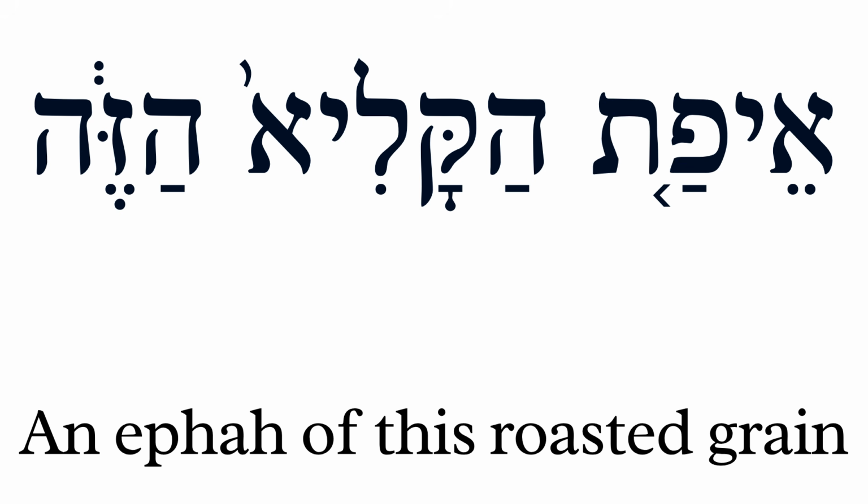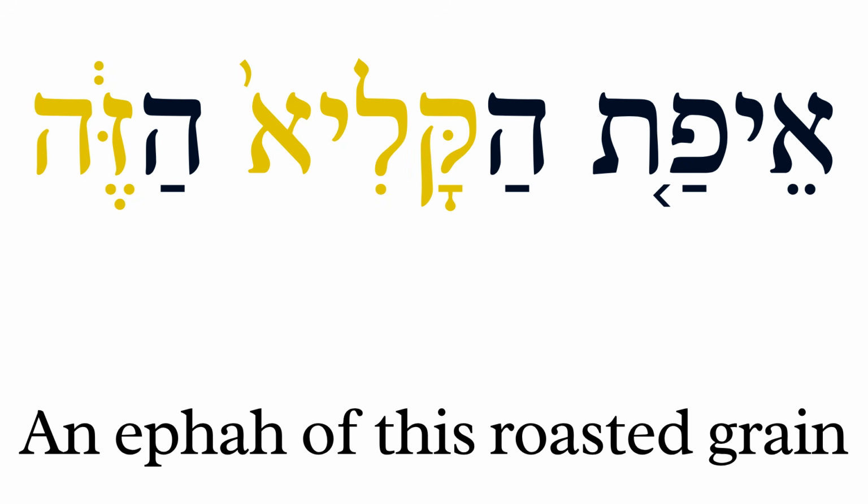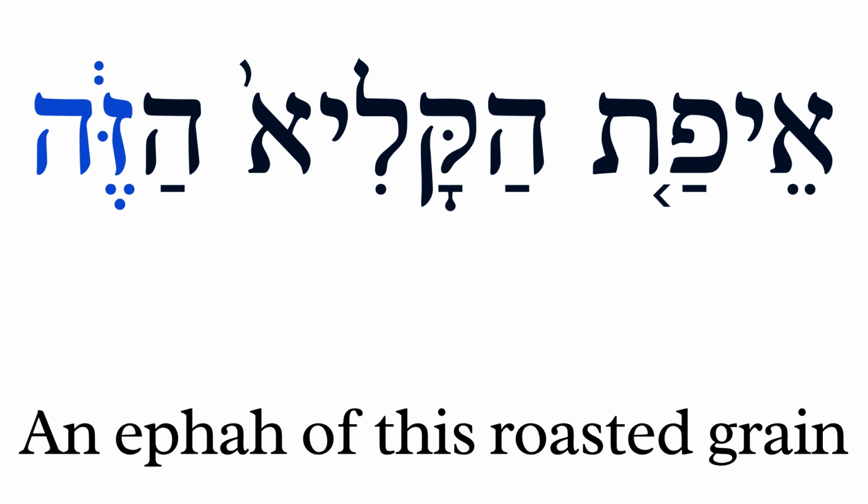Notice how this time I put the adjective this, from zeh, before the last word of the phrase, roasted grain. An adjective attached to a construct phrase can describe either word, and we can use our knowledge of gender and number to tell which. Zeh describes masculine words. Kali is masculine, and efat is clearly not. Remember the a ending, at in construct form, is used with feminine nouns.